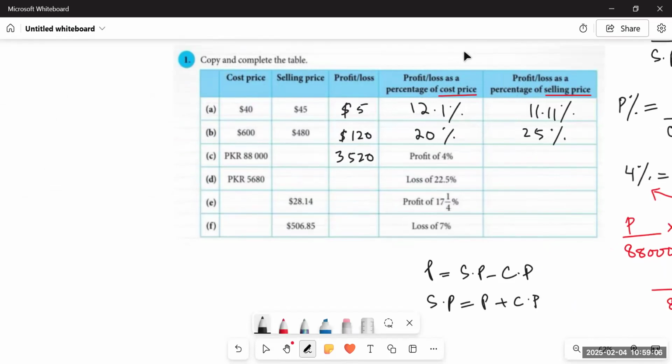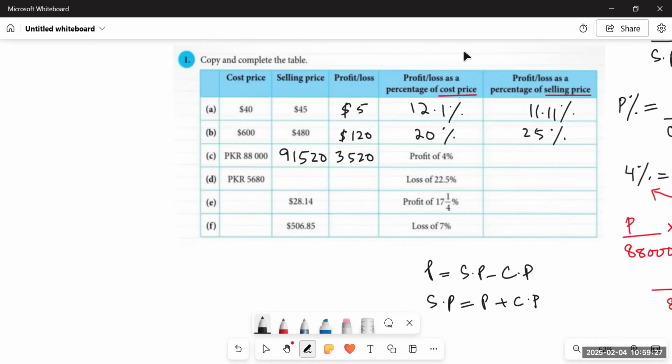All we need to do is add 88,000 with the profit. So we'll get 91520.